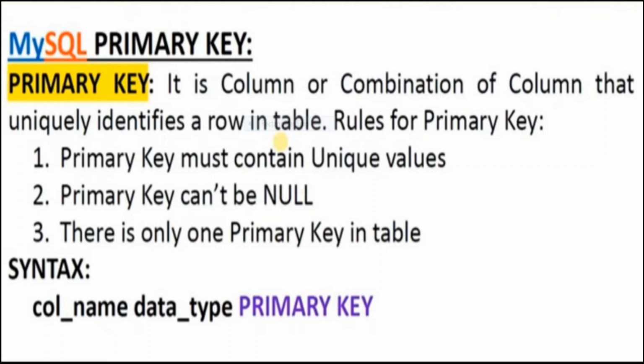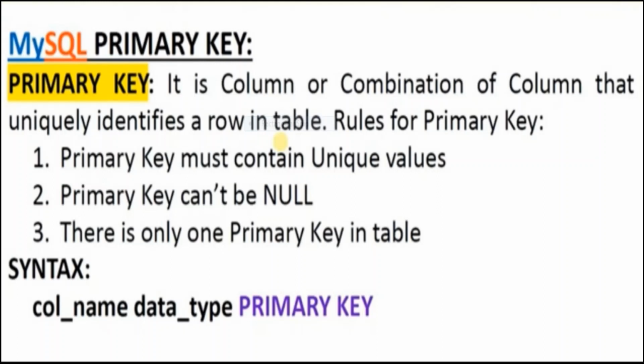Like in my class, I have 3 students who qualify to be the leader of the class, but I will select only one leader out of them. Similarly, there can be many fields that qualify to be a primary key, but the primary key will be one.